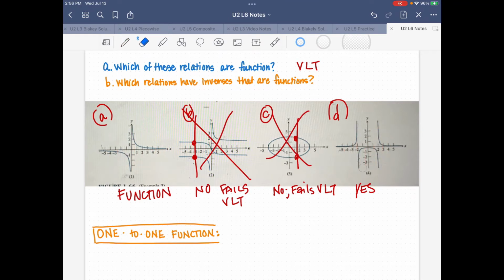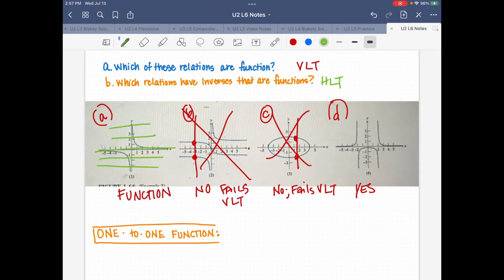and I want to know which relations have inverses that are functions. And so what we're looking for here is, does it pass the horizontal line test? So when I go here and I draw horizontal lines, am I passing more than one point? And it's not.